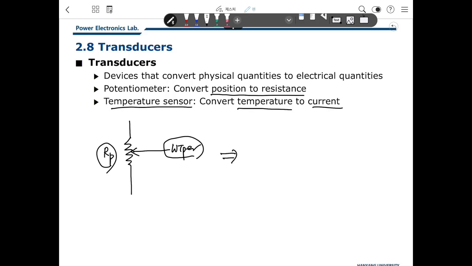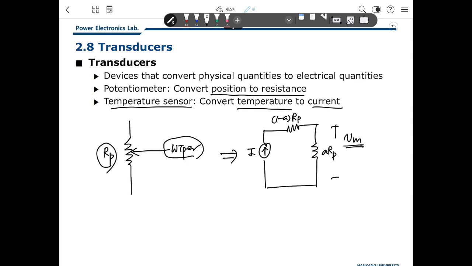For example, we can make an electric circuit model. There's some source here. Then the values are (1 minus A)Rp and ARp. So the measurement value VM depends on the value of A, but A is determined by the position of the wiper here.